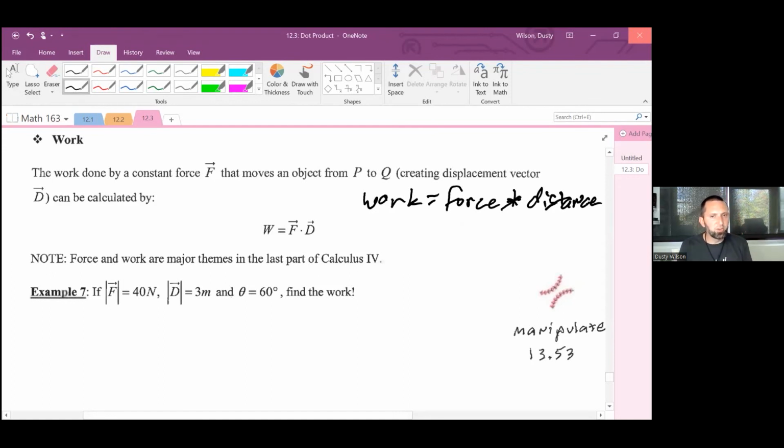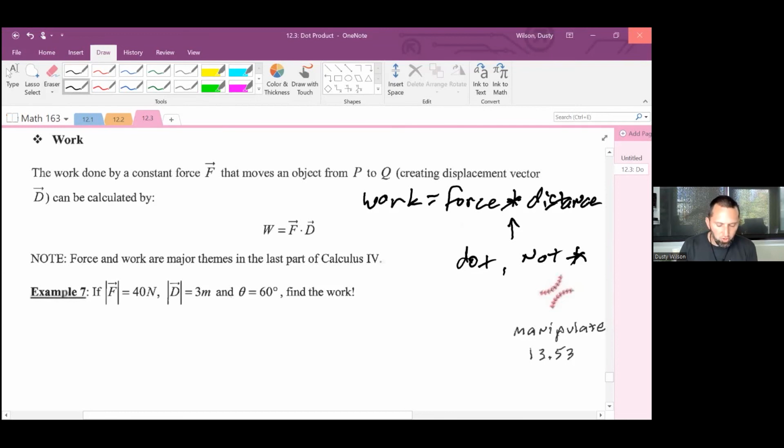But what we're doing here is slightly more sophisticated, because we are now allowing the force and the distance to not be perfectly parallel or in line with each other. And so now we're going to use the dot, not the multiply.